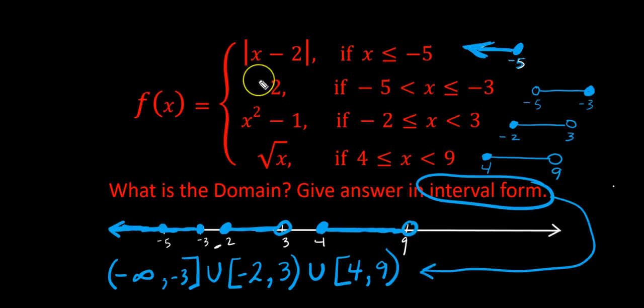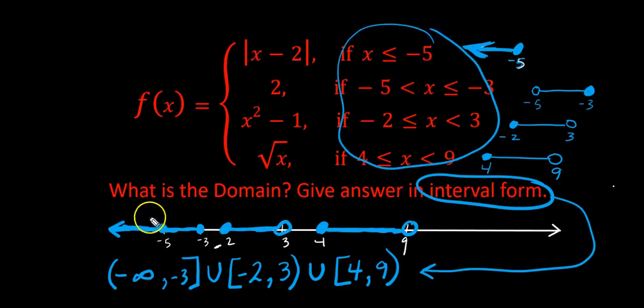Now again, think about what the definition of domain was. The domain is the x values that are allowed. This is telling you which x values are allowed. If I look at the number line, anything in blue is allowed. Anything in blue is allowed.